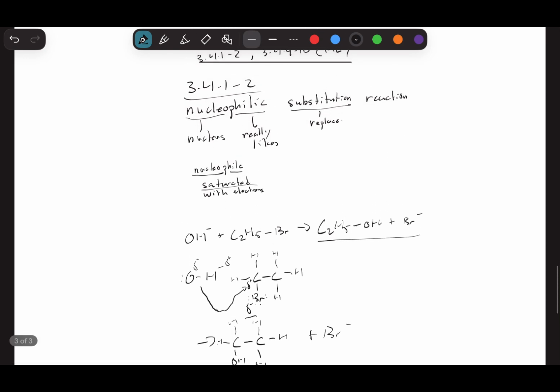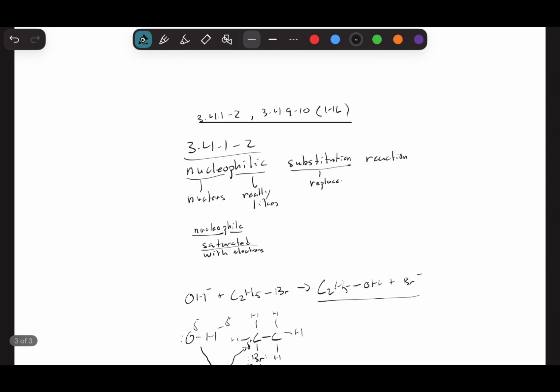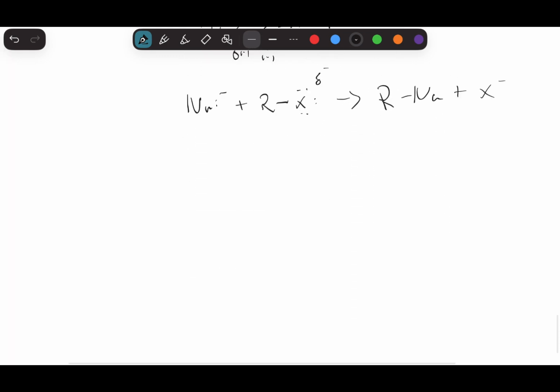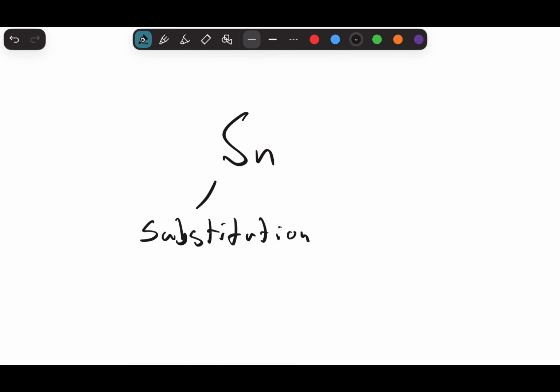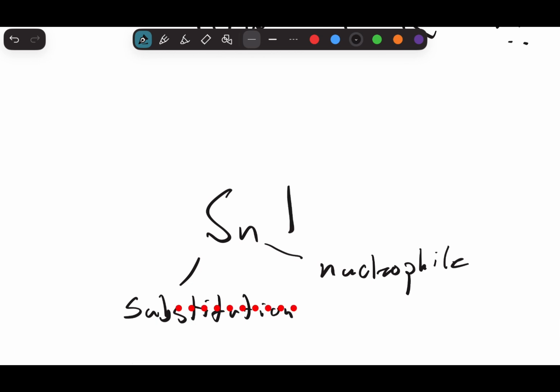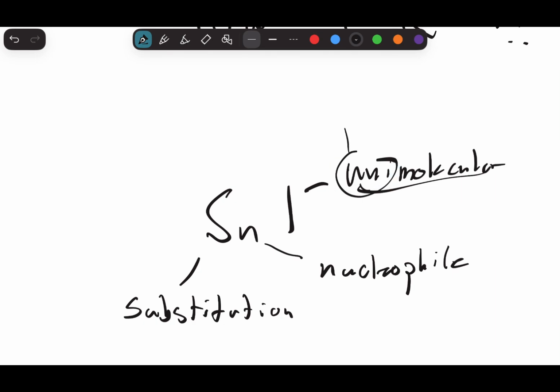Now moving on to HO, where we have to learn about SN1s and SN2s. So SN1: SN stands for substitution nucleophile, and the 1 in SN1 means unimolecular, which means single molecule.